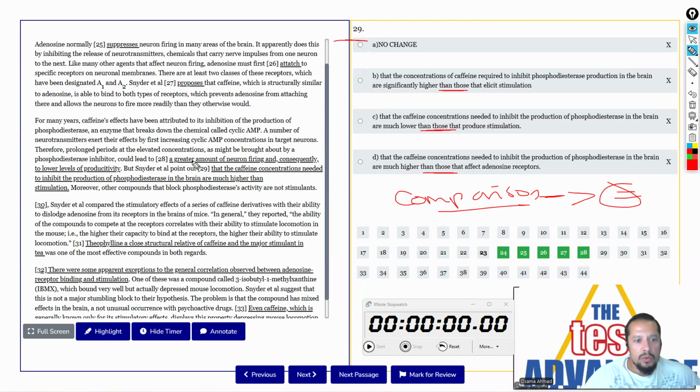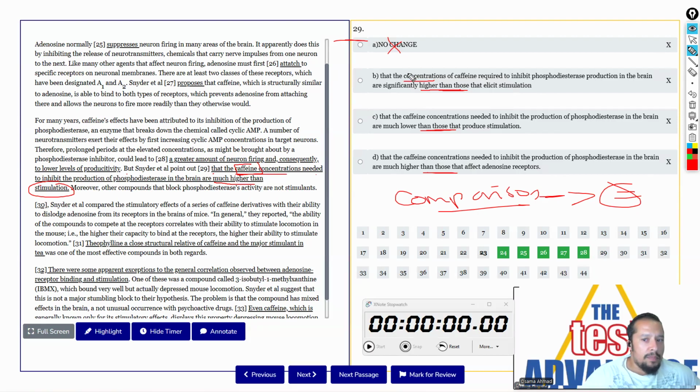Now here, question number 29. But Snyder et al. point out that the caffeine concentrations needed to inhibit the production of phosphodiesterase in the brain are much higher than stimulation. So of course this doesn't work. It's a faulty comparison. It compares caffeine with stimulation. So now here, the concentrations of caffeine required to inhibit are higher than those that elicit stimulation.